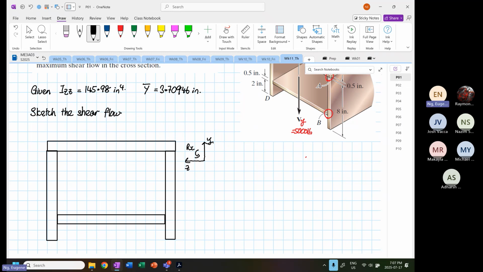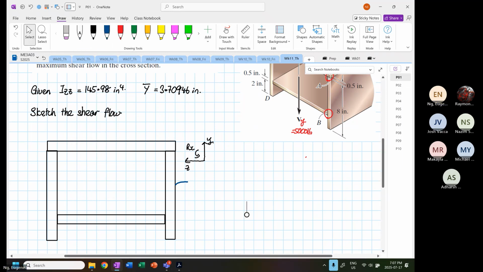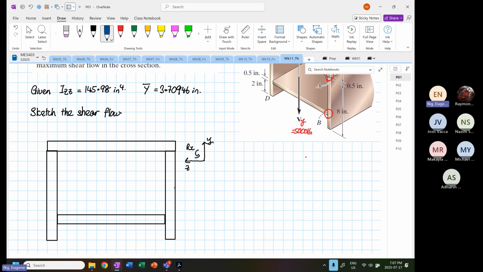we first identify that this is our major web. This is also a major web. So we design our shear flow knowing that over here, this is our Vy, equal to 5,000 pounds.